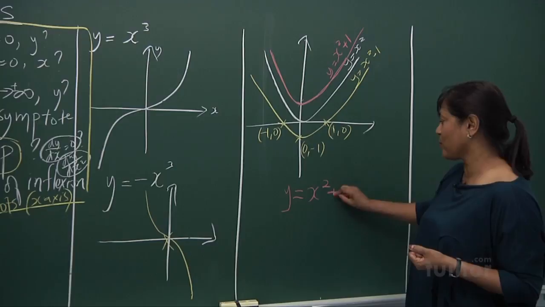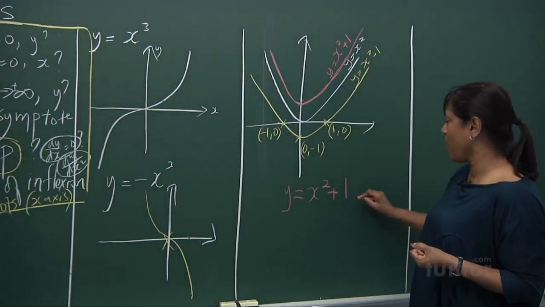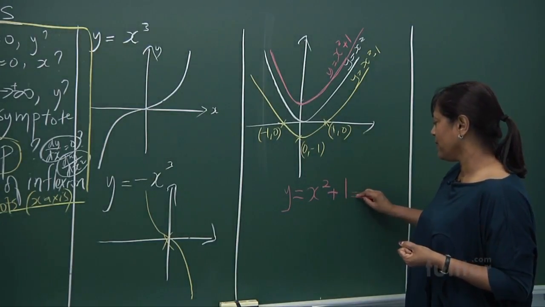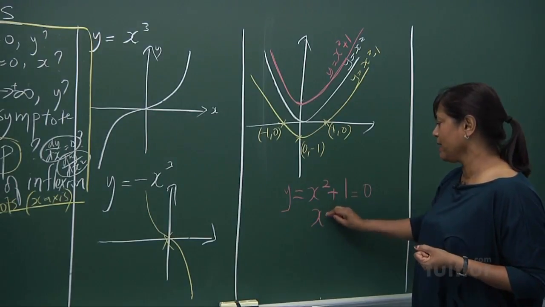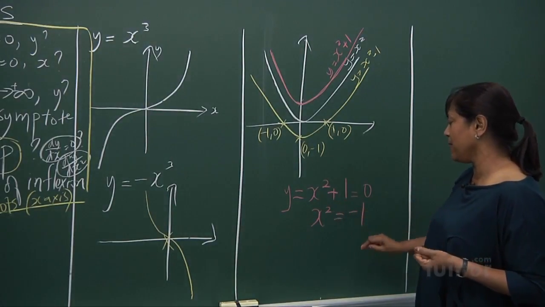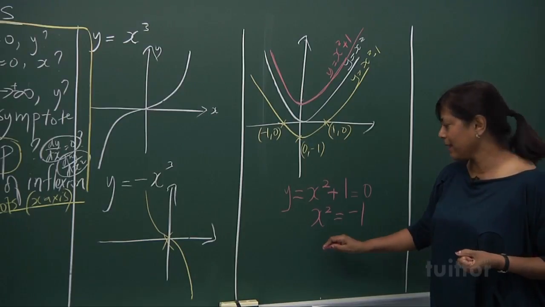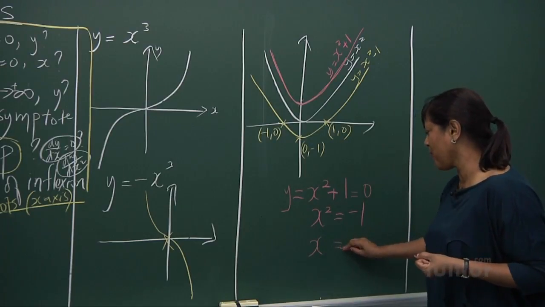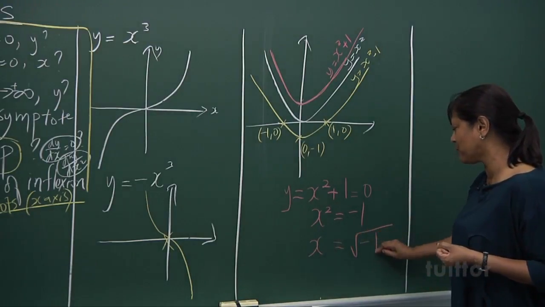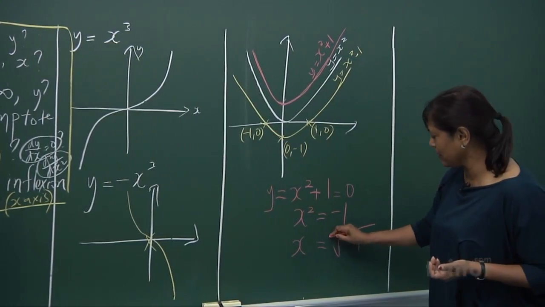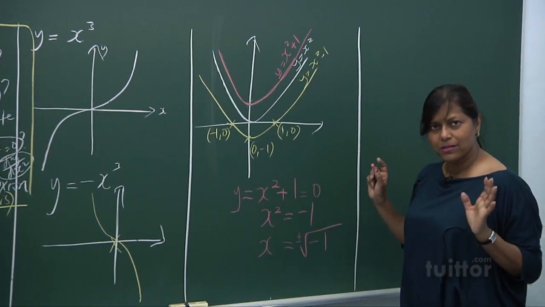And anyway, I'd like to let you know why. Look at this, x squared plus 1. When I make y equal to 0, your x squared is going to be minus 1. And can we find the square root of minus 1? Your calculator will say, oops, error.